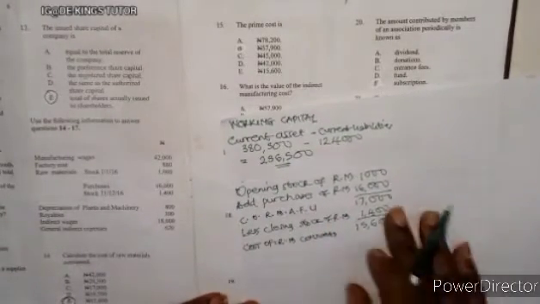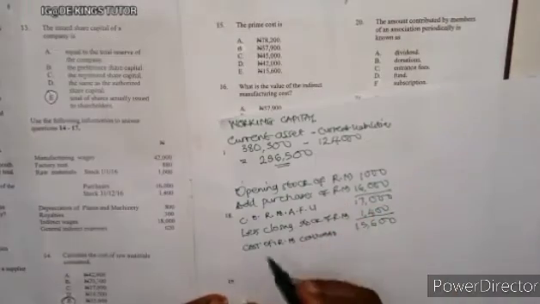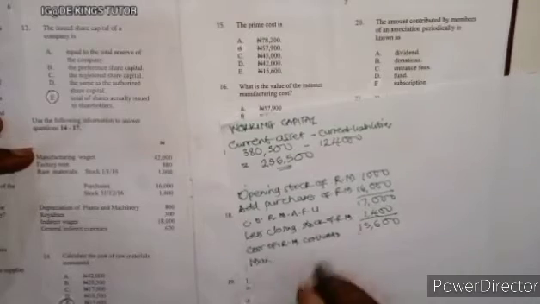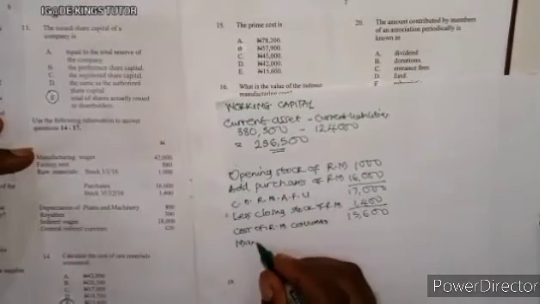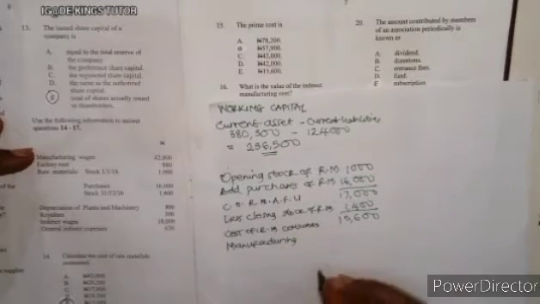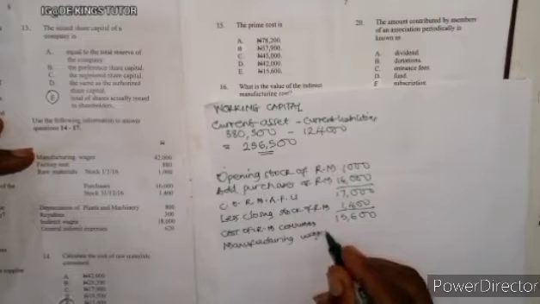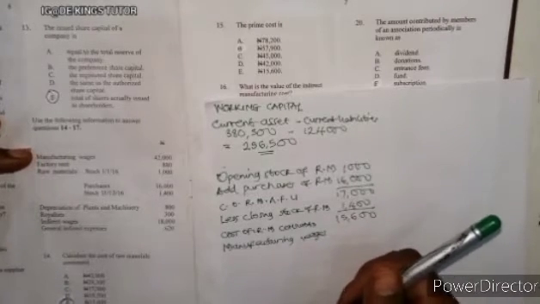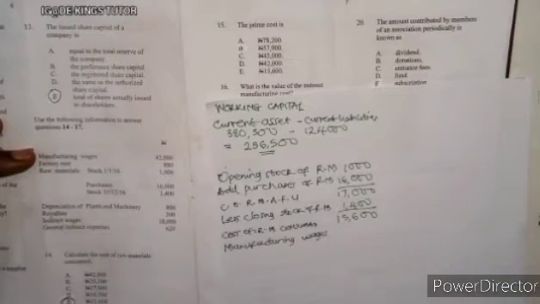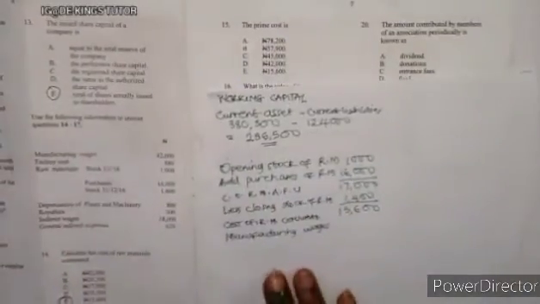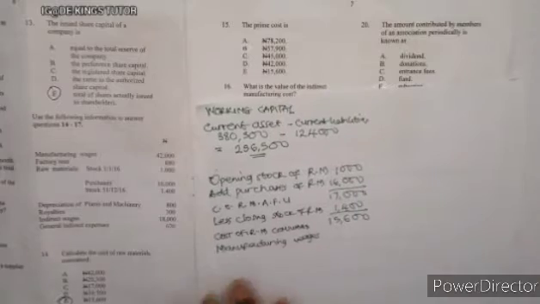The other direct expenses here: manufacturing wages is a direct expense.